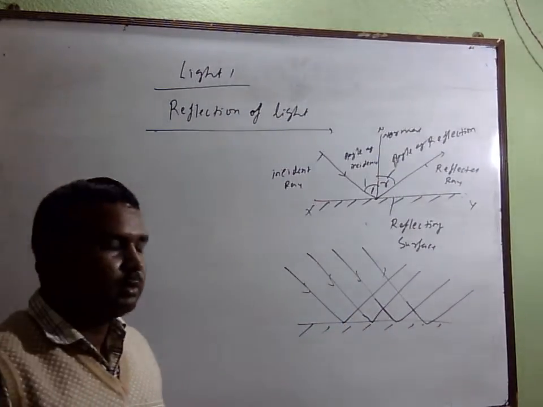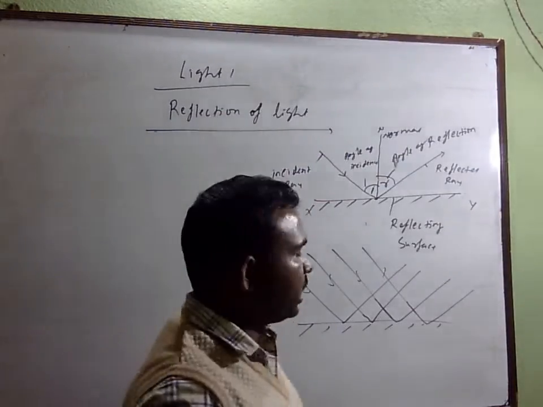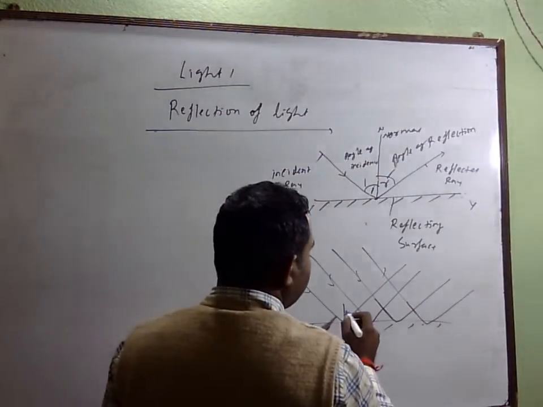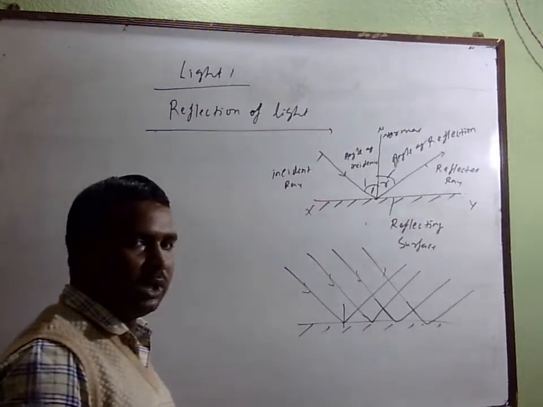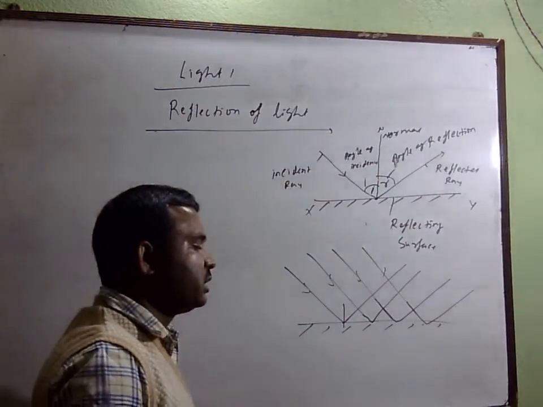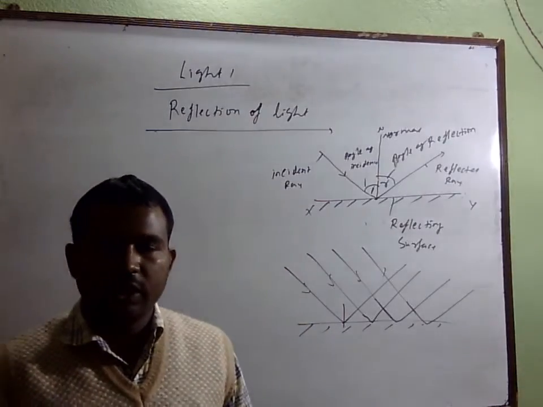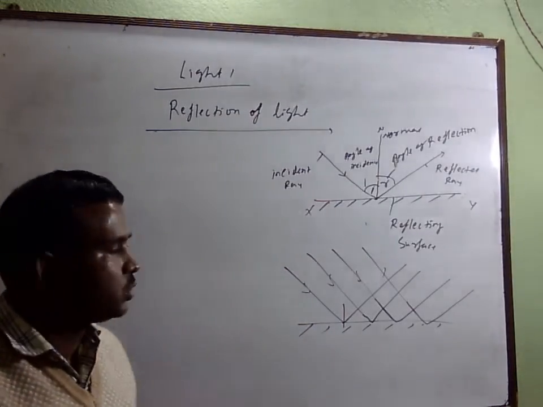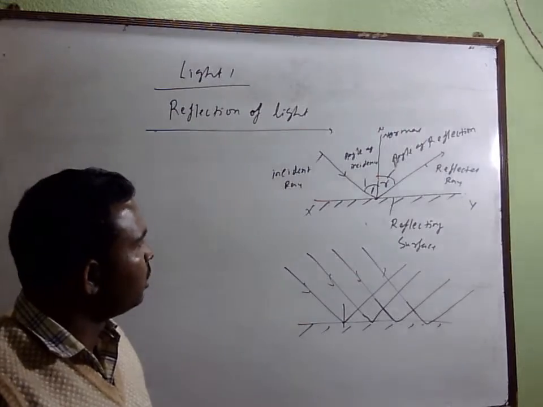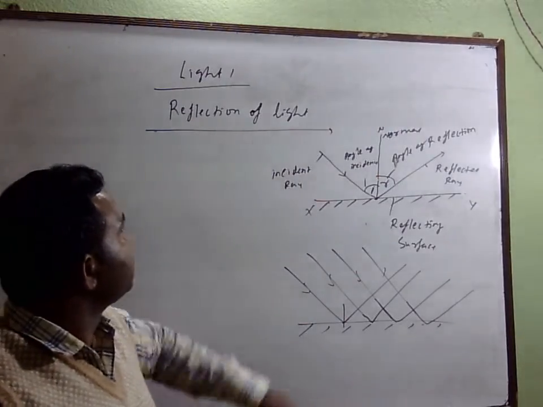Obeying the laws of reflection means the angle of incidence and the angle of reflection will always be equal. Either you take a straight or curved mirror, no problem. Any type of mirror you can take, but it should be polished.